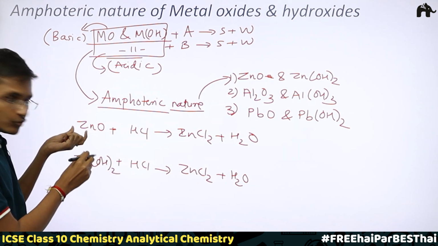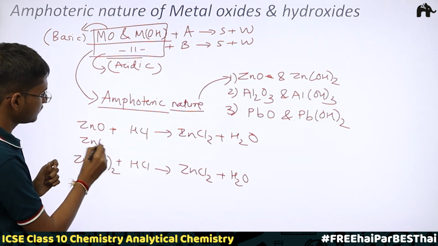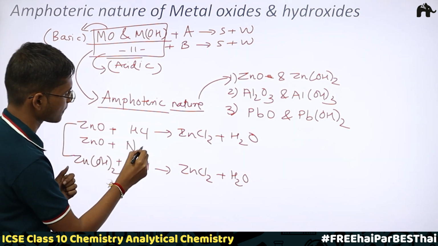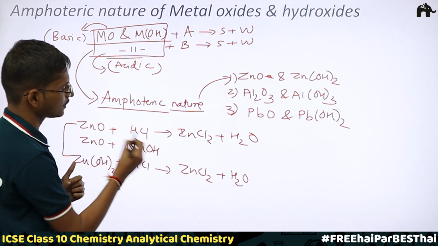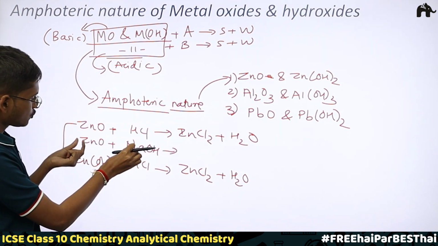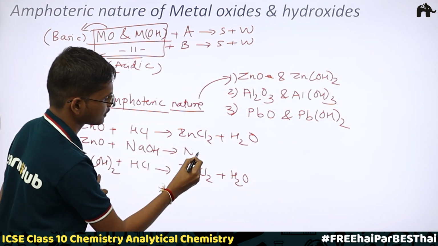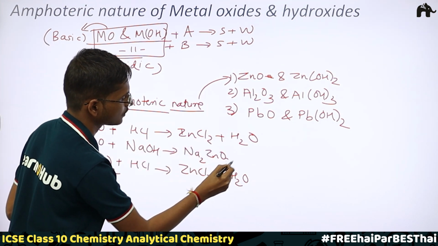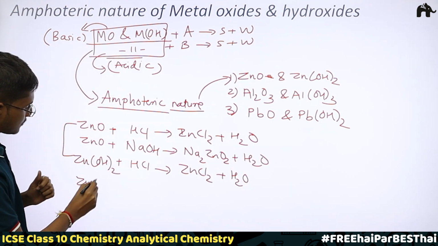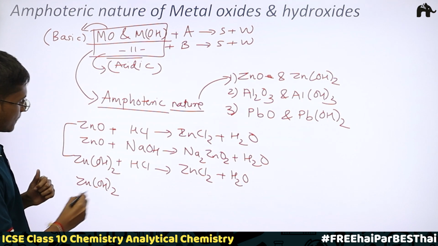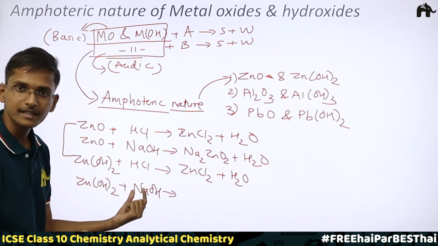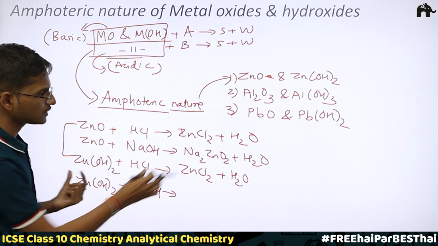Now I would react this zinc oxide with a base, NaOH, and they again give a salt and water: sodium zincate, Na2ZnO2, and water. In the same way, zinc hydroxide with base also gives salt and water, the same salt and water.